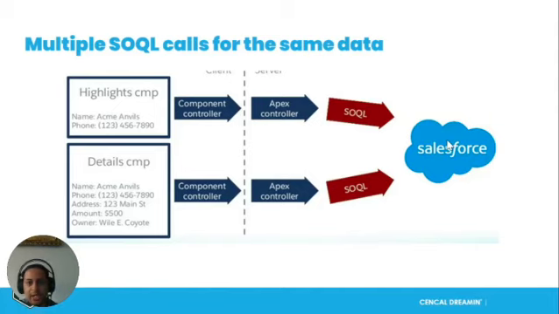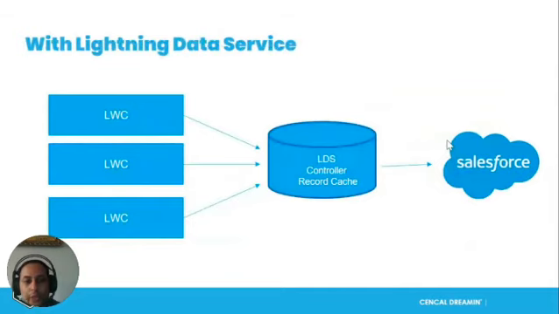Let's see now what happens if we choose to work with Lightning Data Service. Lightning Data Service is the preferred and easiest way to work with Salesforce data. With Lightning Data Service, developers use JavaScript to connect components to Salesforce data. It also provides security by making server calls to secure user interface API endpoints.